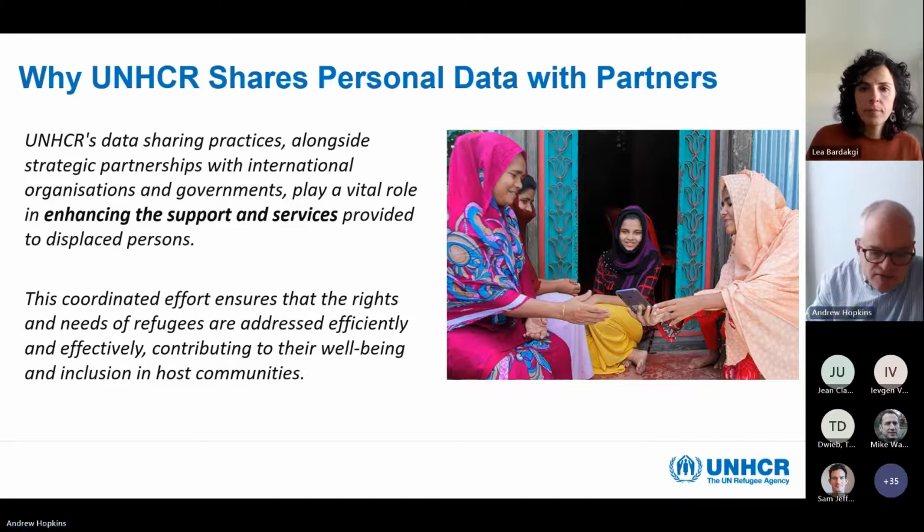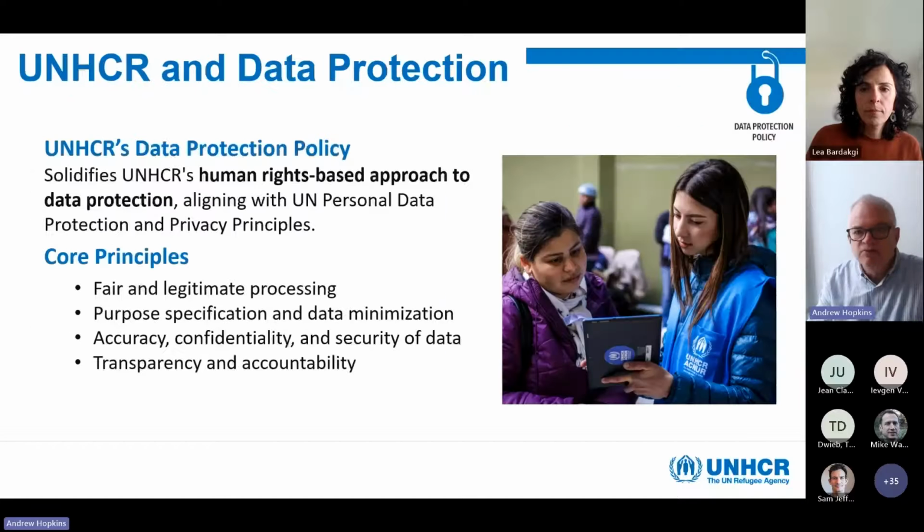And so very quickly, we have to make sure that we're building those efforts on a very sound data protection base, right? And here UNHCR is very well aware of the risks associated with the sharing of data on vulnerable populations. We have just released our internal data protection policy, which allows us to take a human rights-based approach to data protection.